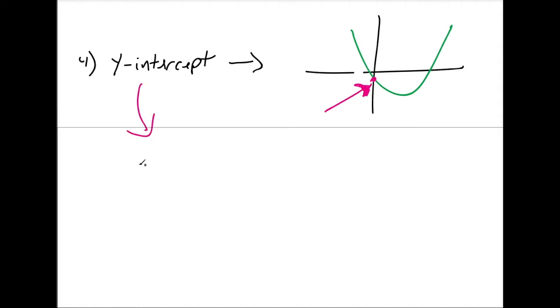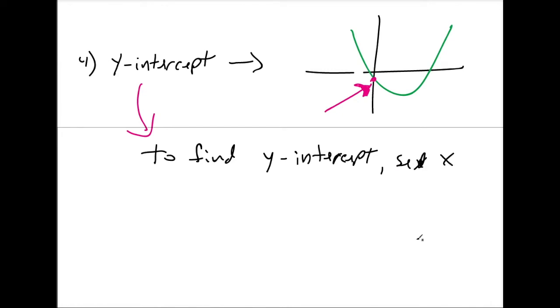So to find the y-intercept, set x equal to 0. You with me? Mm-hmm. Okay, so that means that if I had something like y equals 3x squared plus 2x plus 5, what's the y-intercept?